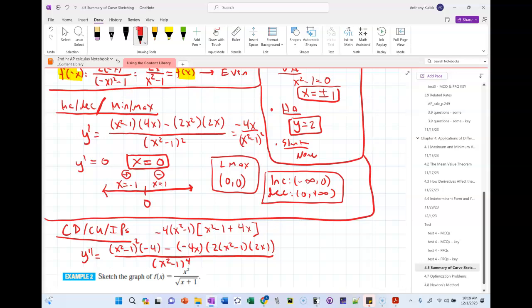So when I clean up that numerator, I get that.